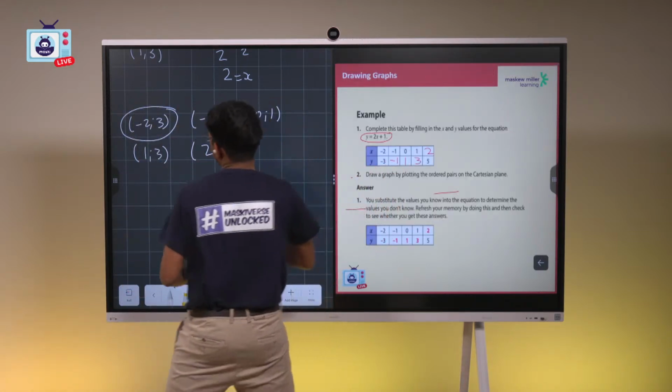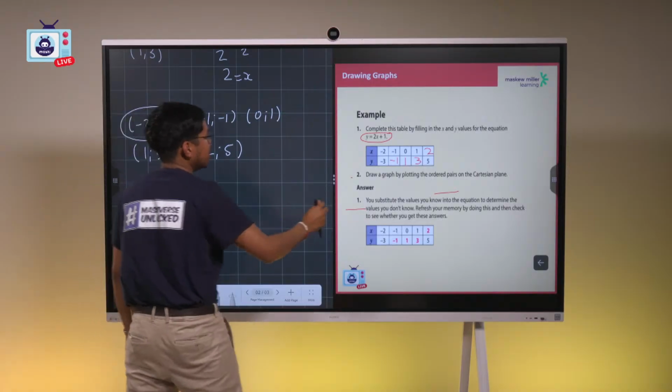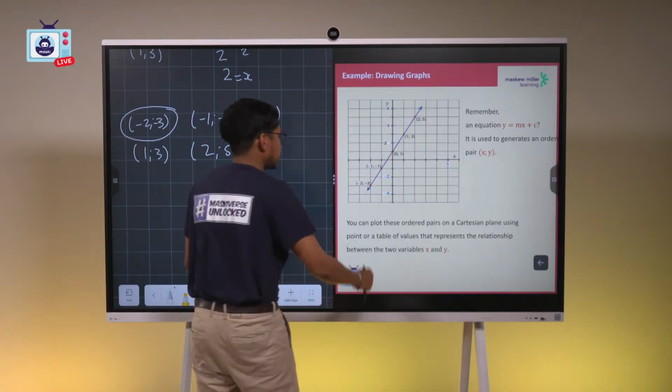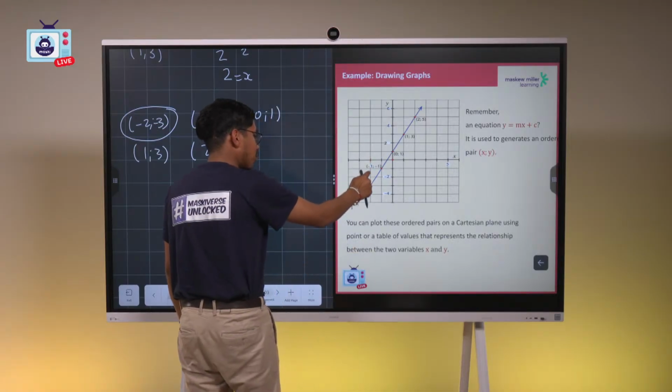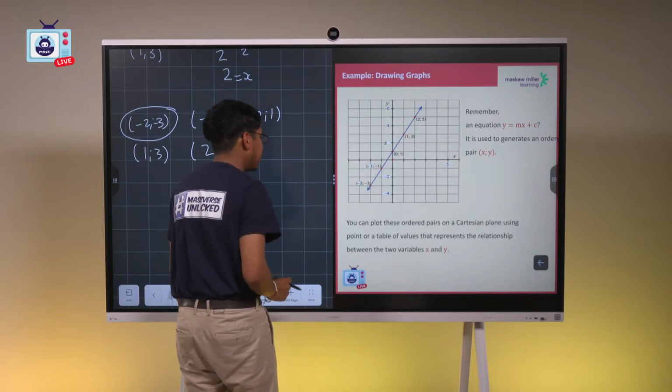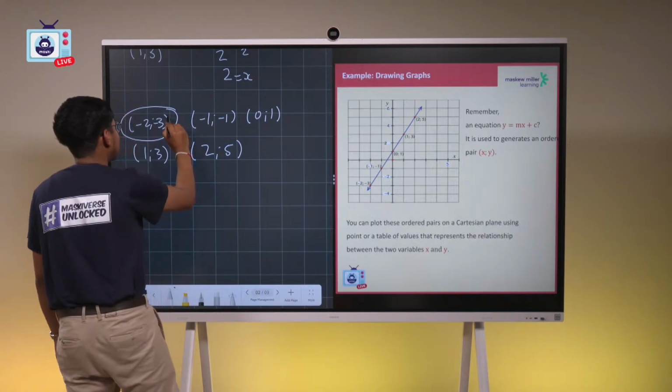Yes, it is -3. I forgot the negative there, all right? So where x is -2, I go down to where y is -3, and I make my first dot over there. Can you see? There's my first point. There's my first ordered pair. Done. So I can take my pencil and I put a tick there.